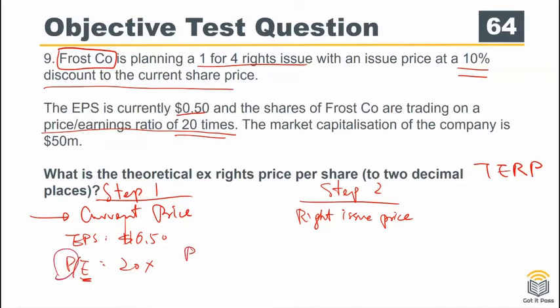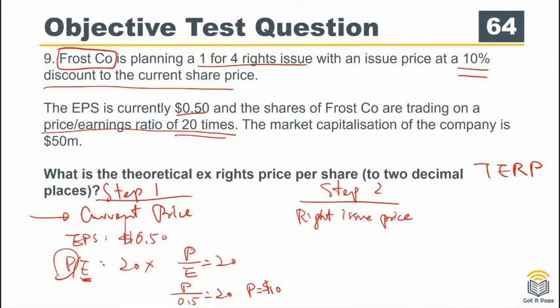So PE means P over E, which is P over 0.5, equals 20. So P is how much? P is 10. In other words, the share price now is $10. Okay, it's $10.